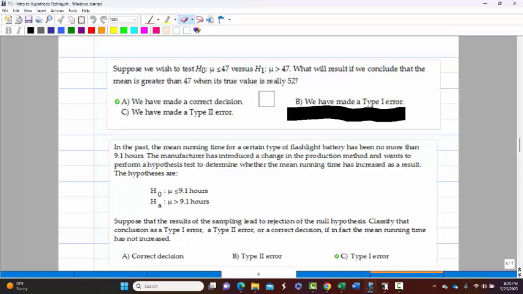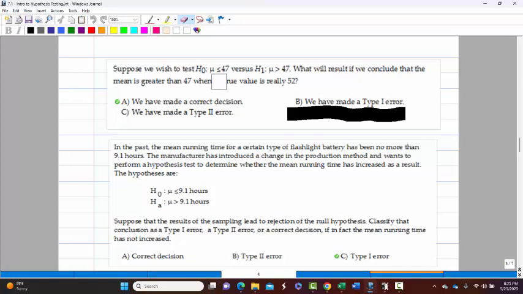Now, I'll just verbalize for a second. What if we change everything but the last number here? What if we said the same thing? We rejected it. We supported the alternative, that the mean was greater than 47, when the mean was actually 42. Well, since 42 falls in the less than or equal to 47 range, that means the Ho is true.